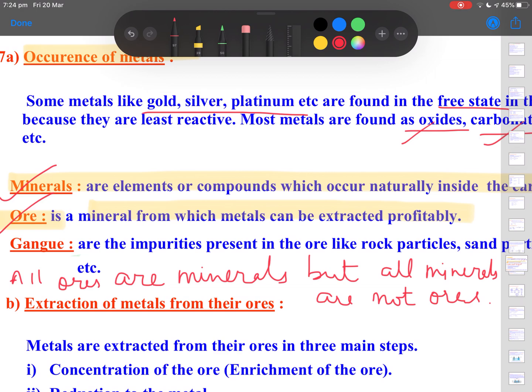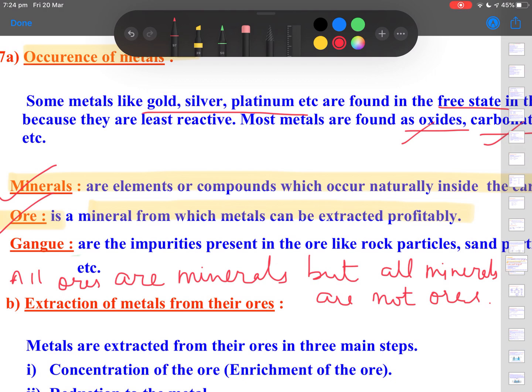So this statement helps us to understand that the minerals from which the extraction of metal is done easily are called ores. So for extraction purposes, we don't use the term mineral, we specifically use the term ores.